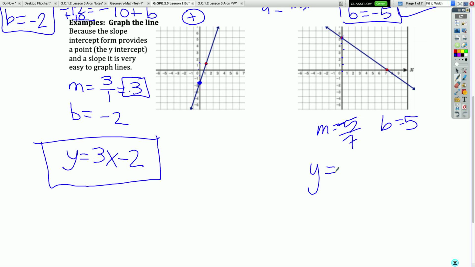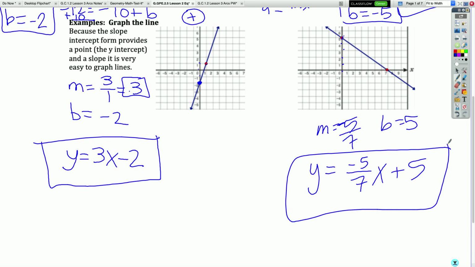Y equals, what's our slope? -5 over 7x, and then what would we do at the very end? Should be pretty simple. Any questions with our y equals mx plus b? No. That is called the what form? Slope-intercept form.